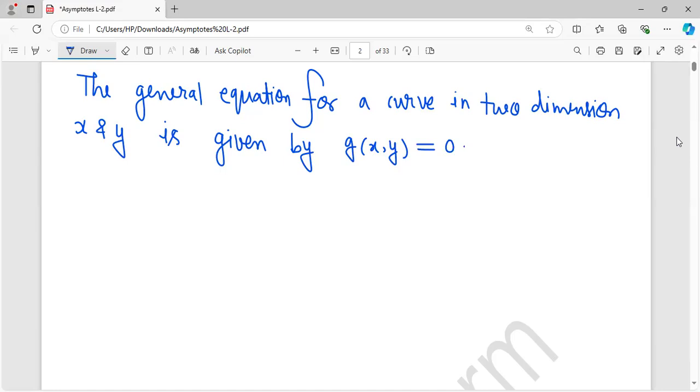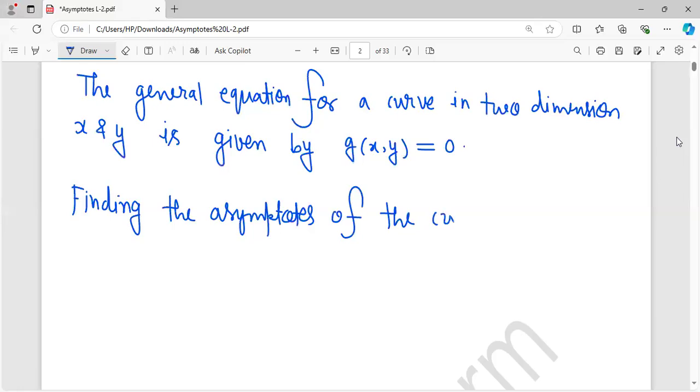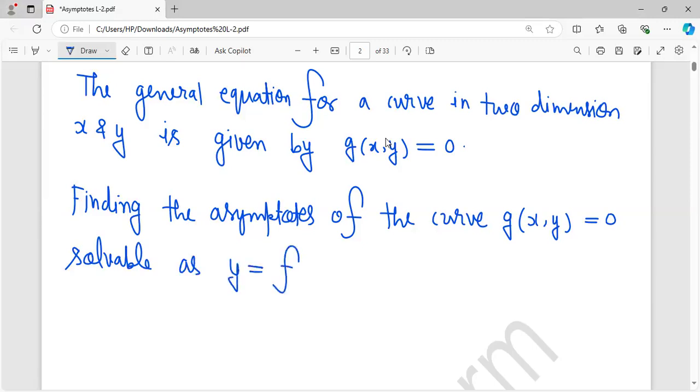So we are taking the case of finding the asymptotes of the curve g(x, y) = 0, solvable as y = f(x) = p(x) upon q(x).